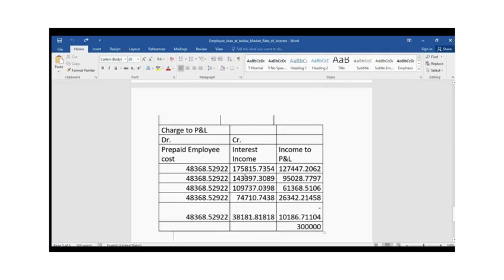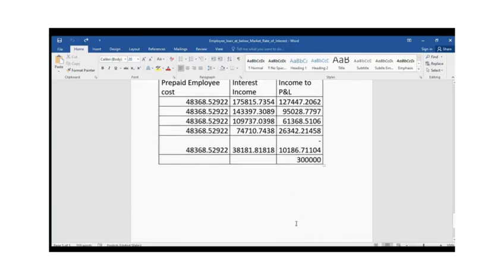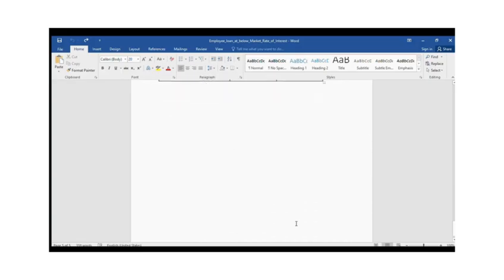This would be the interest income for each of the 5 years. The difference between the two totals would be 3 lakhs, which is the difference between 20 lakhs and 23 lakhs of the loan amount.